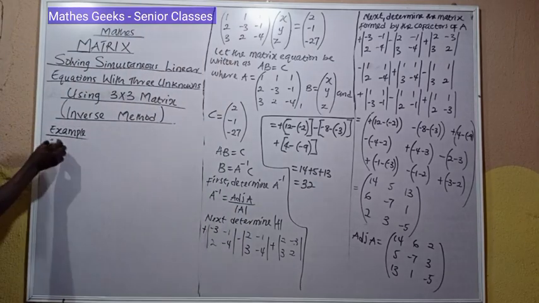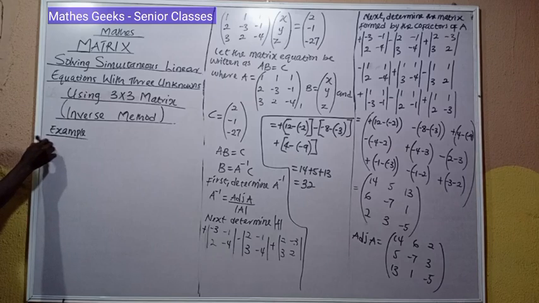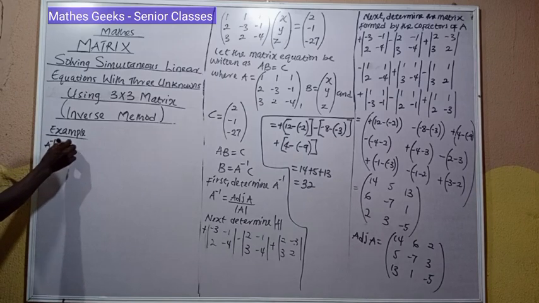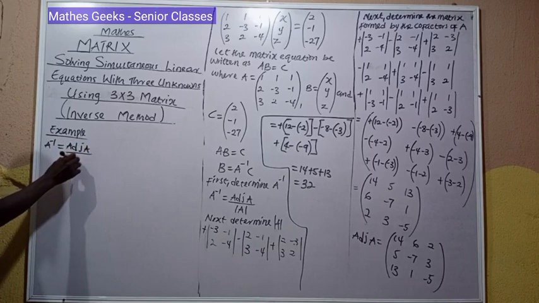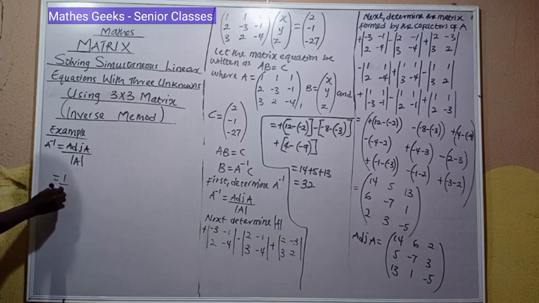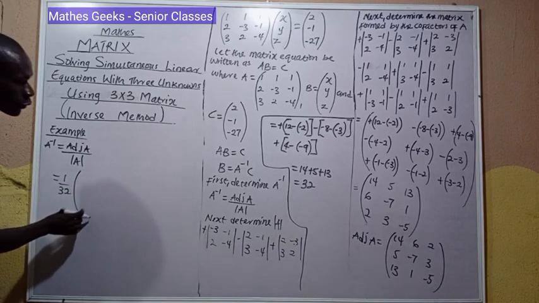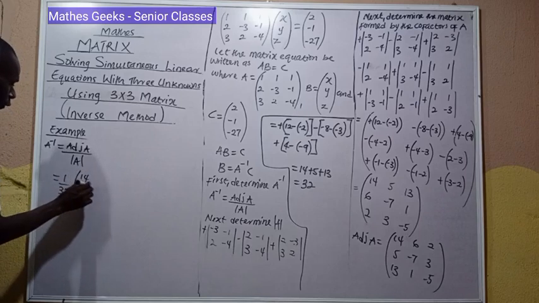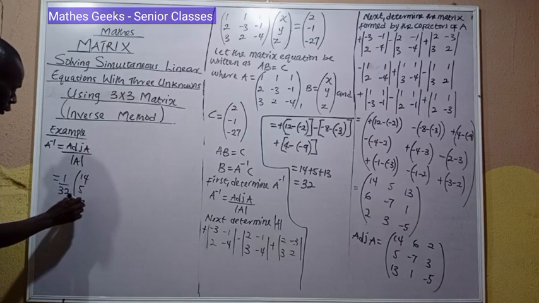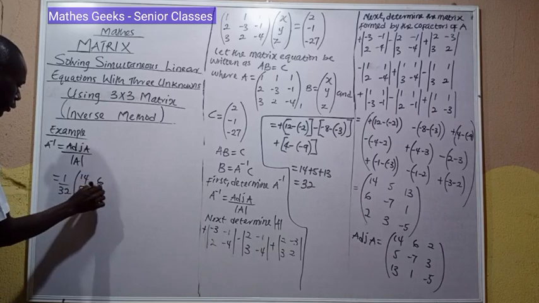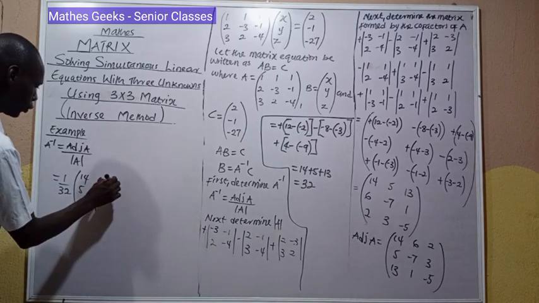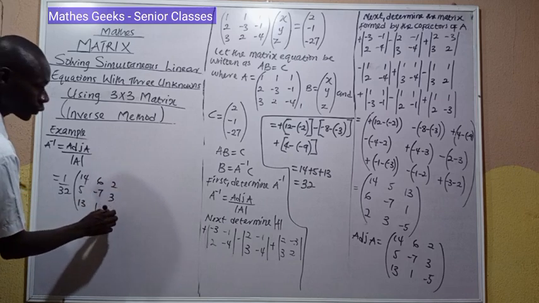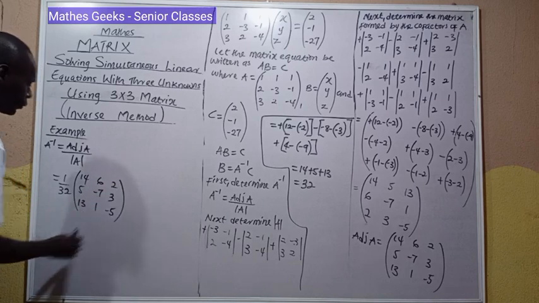So A inverse is equal to adjoint A over A determinant, which is equal to 1 over 32 times 14, 5, 13, 6, minus 7, 1, 2, 3, minus 5.